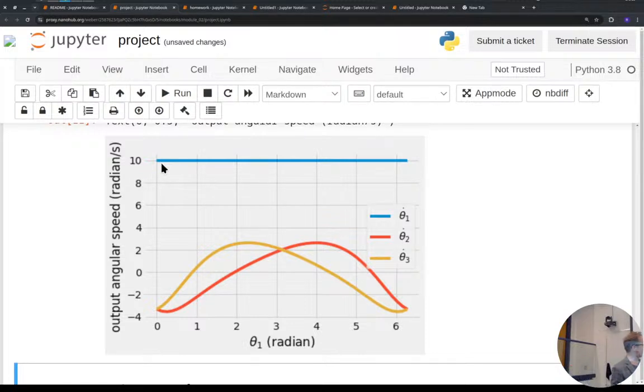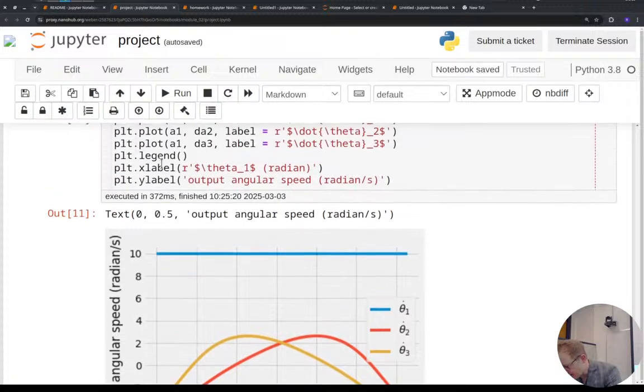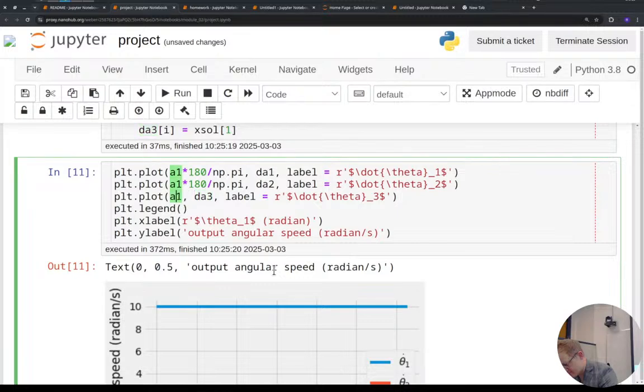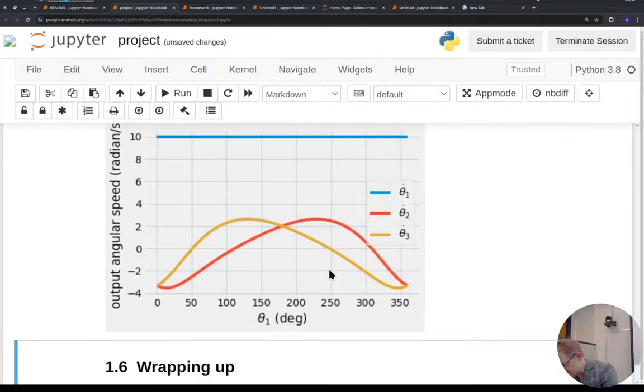We're somewhere, where was it, pi, I always forget. I have to switch this over to degrees.